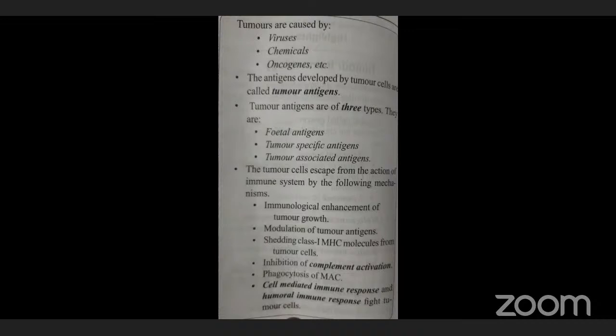Fetal antigens means the differentiated cells undergo dedifferentiation to become tumor cells. As a result of dedifferentiation, the adult cell becomes an embryonic cell. For example, carcinoembryonic antigen, CEA, in cancer of the intestine.